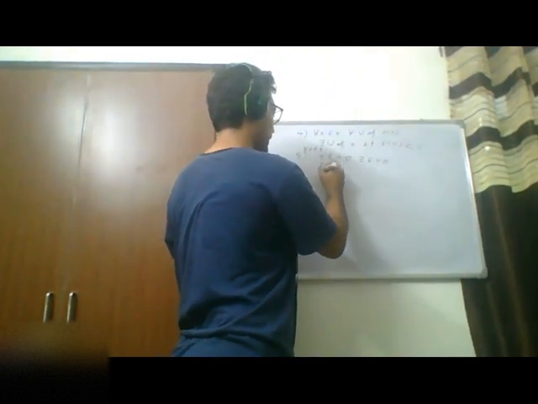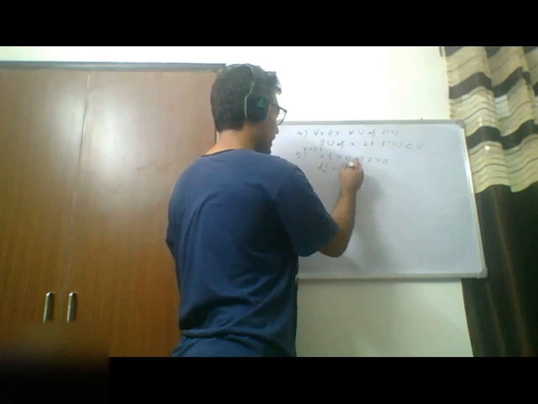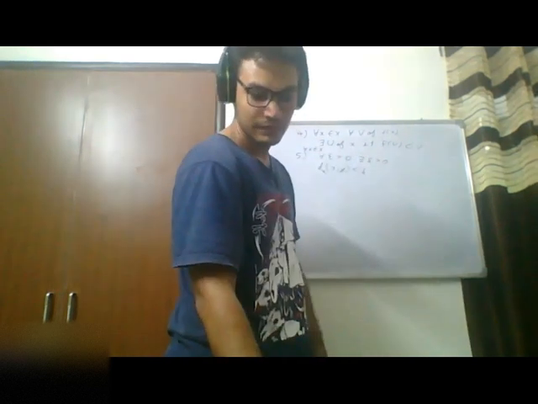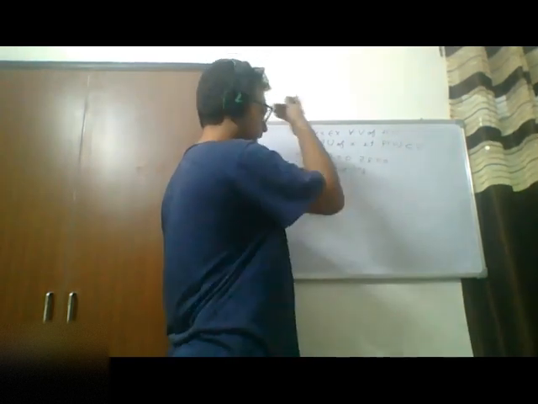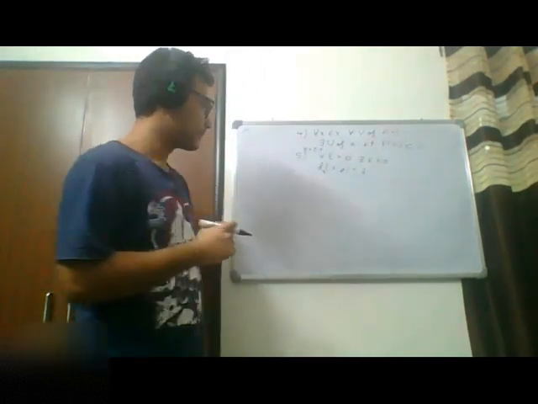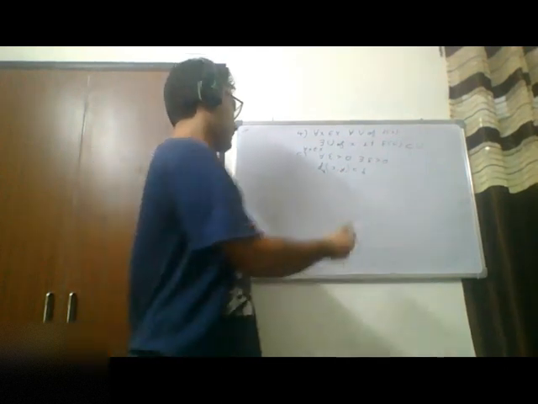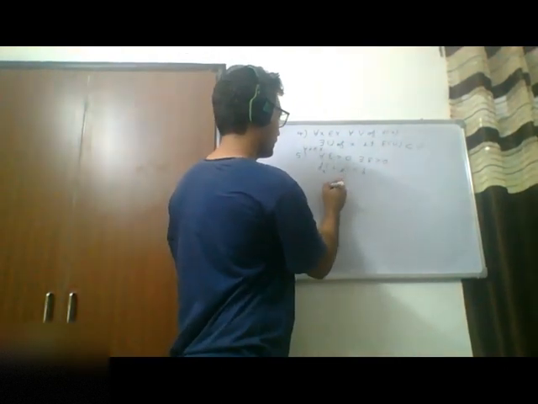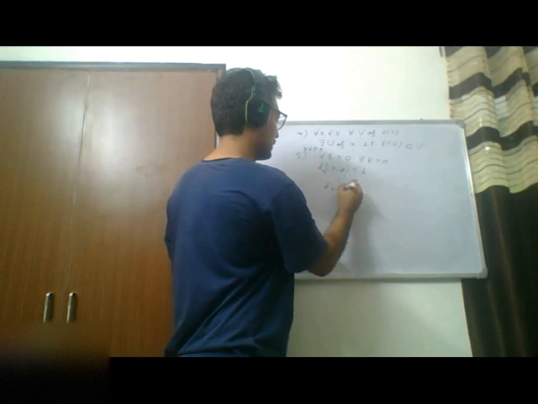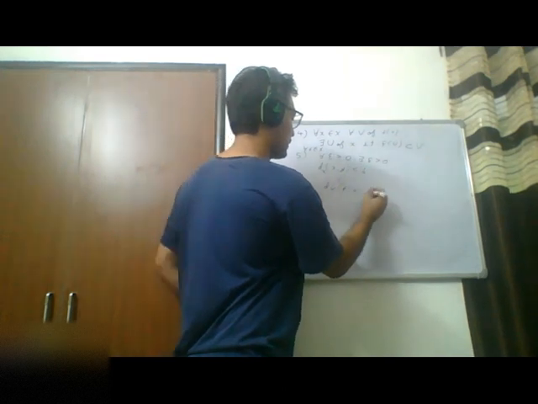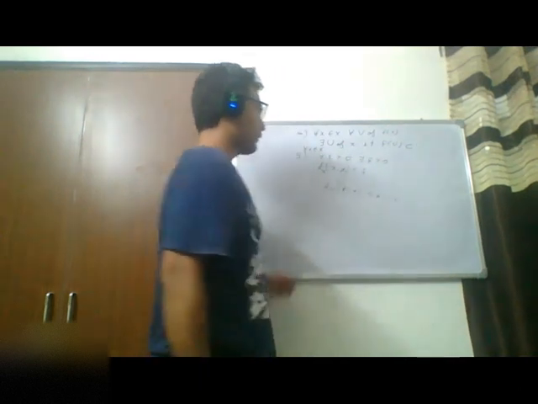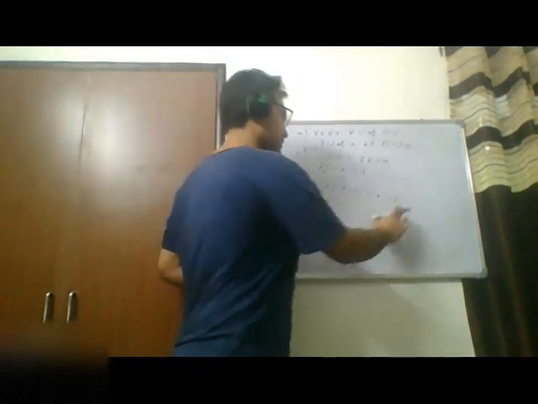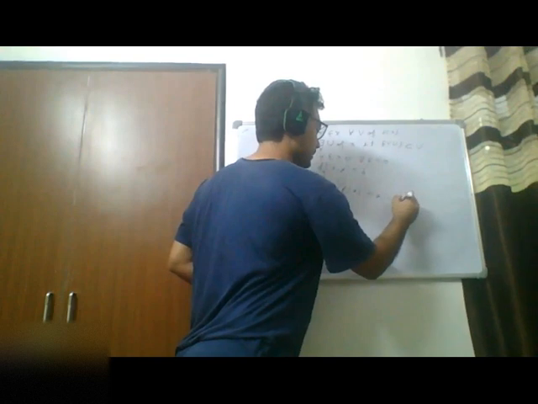I think the book had a bit of a typo. It doesn't have less than delta in my book, but it doesn't matter. If we show that both of these are equivalent, then we're done.